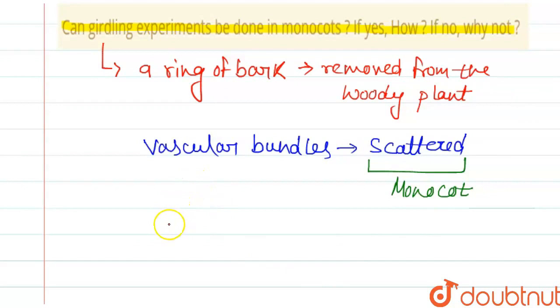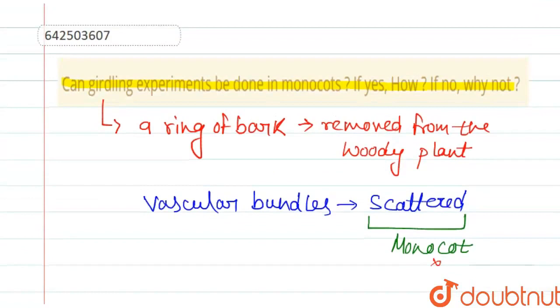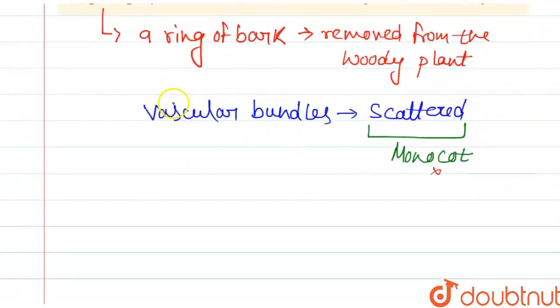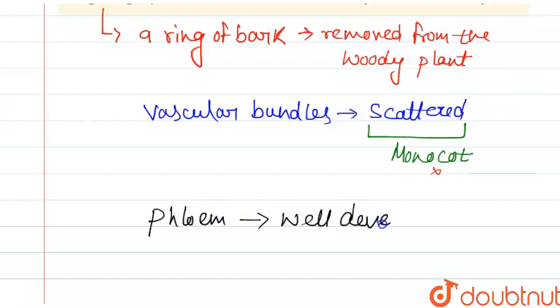So that's why the girdling experiment cannot be done in monocots. When we remove a ring of bark in girdling experiments, the phloem part should be well developed. So the ring of bark that we remove from the woody plant, in which phloem is present, needs to be well developed.